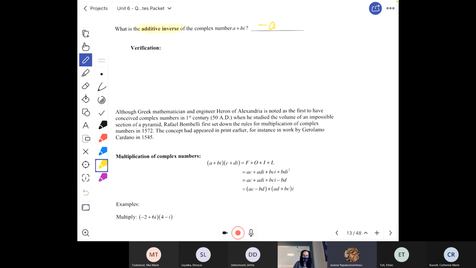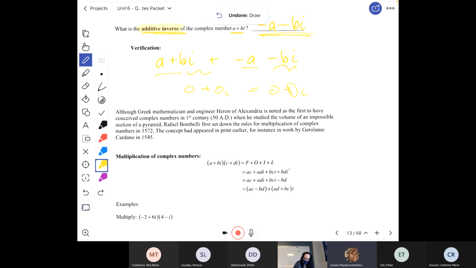What am I adding to bi to get 0? Minus bi. So the additive inverse of this complex number written in standard form, you take the opposite of each term. The opposite of the real part, opposite of the imaginary part. If I can verify this, I can take this and then I can add, and I got 0 plus 0i.